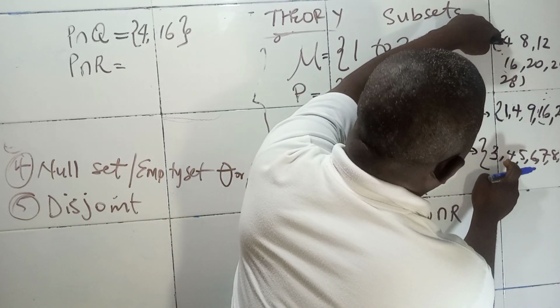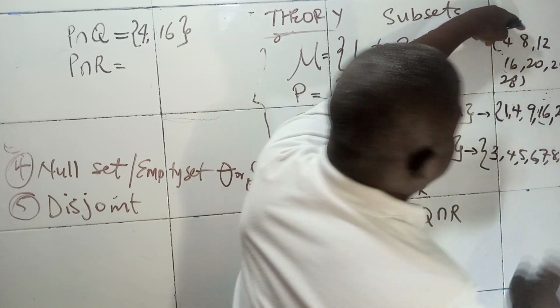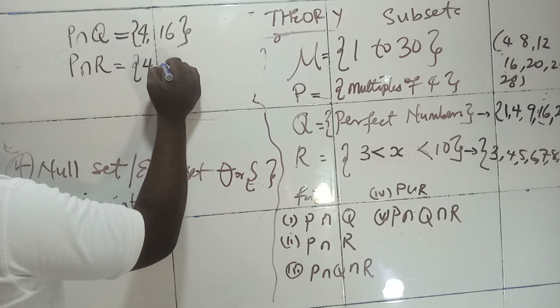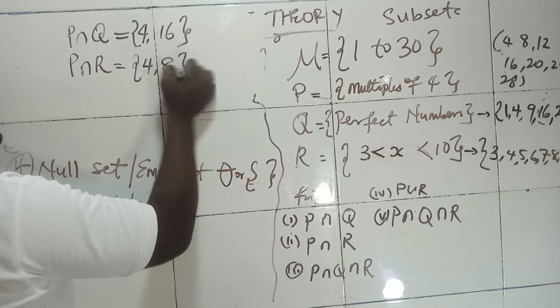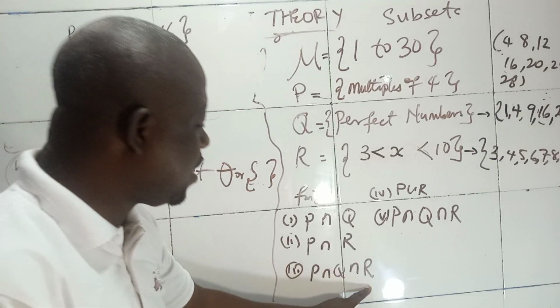Now you can find 4. Yes, anything again? 8. So 4 and 8. 4 and 8 is what? P intersection R.